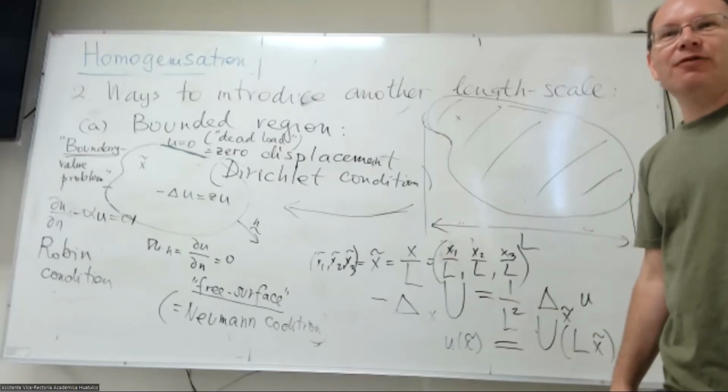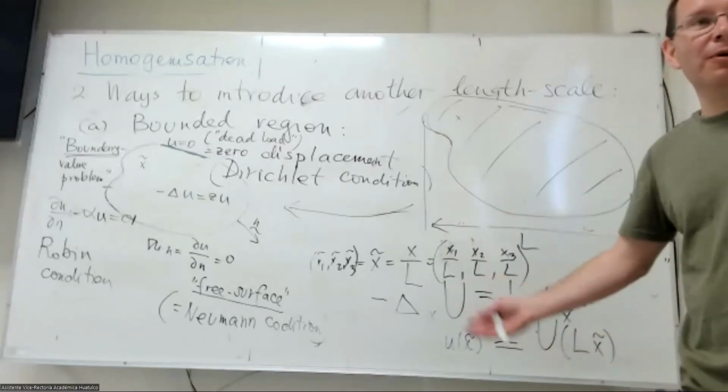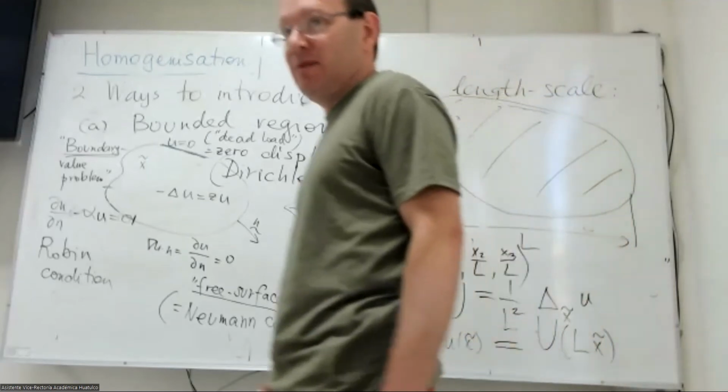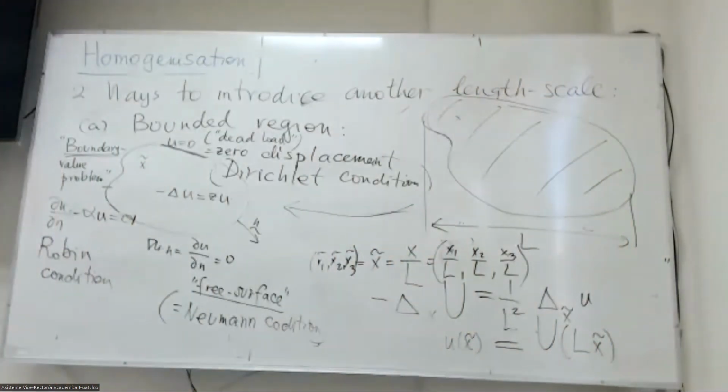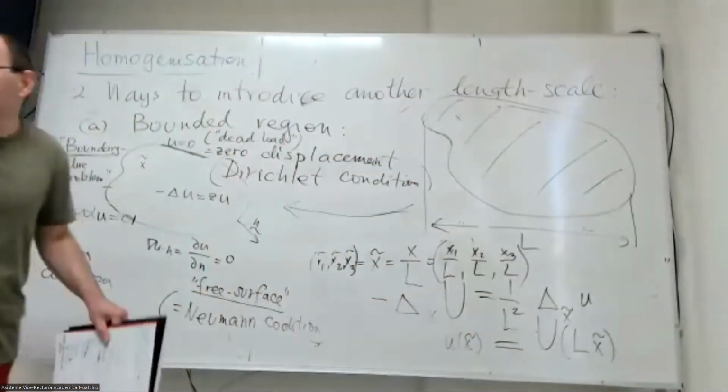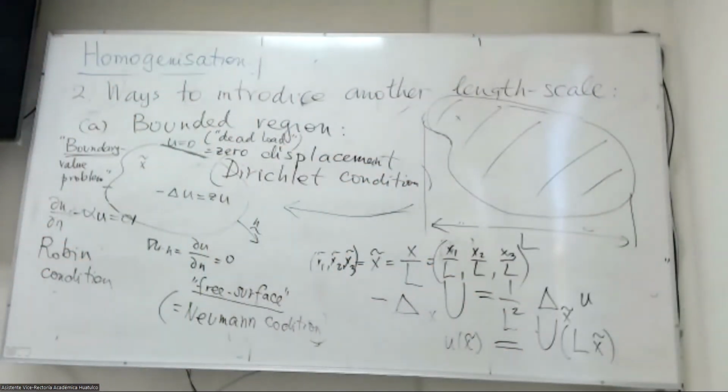In fact, it won't matter for me because my problem is linear. In a non-linear problem, it would matter, because I would actually get some additional parameters popping up. But in a linear problem, it doesn't matter that I multiply this by any constant, so I just choose that constant to be 1.